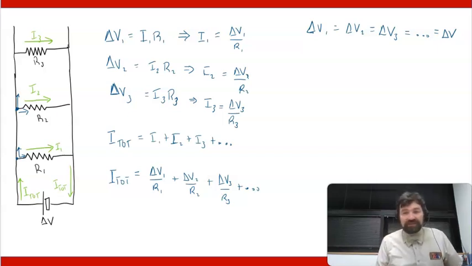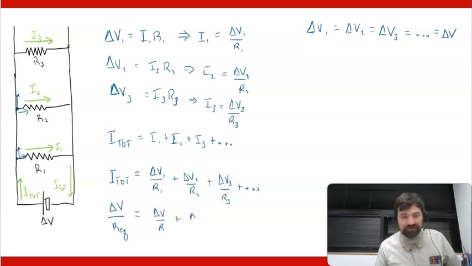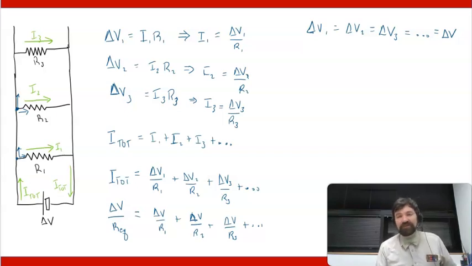So if that's the case, then this I total I'm going to replace with a delta V over R equivalent, and that just becomes delta V over R1 plus delta V over R2 plus delta V over R3, etc. So now if I want to get the R equivalent, I can divide out a delta V from all terms.